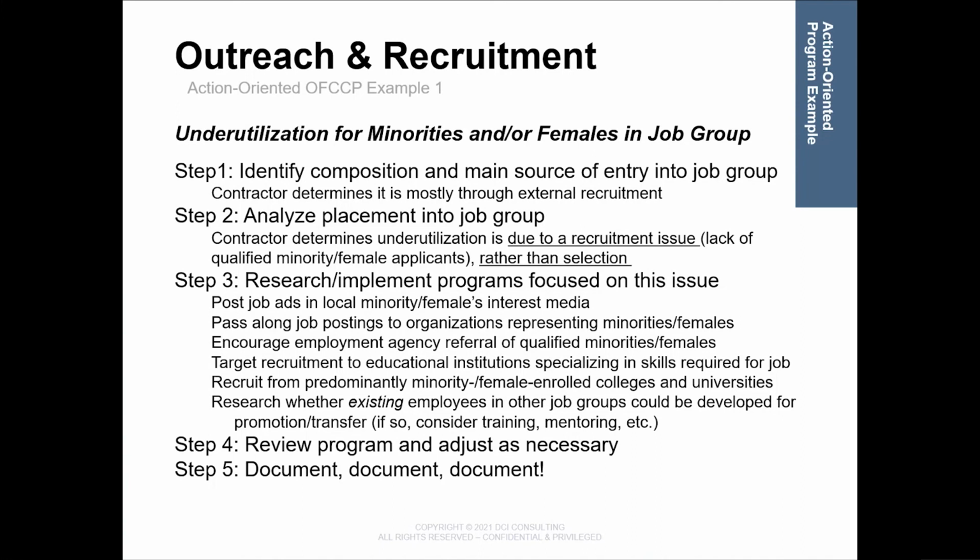To address the problem, the contractor developed and instituted specific affirmative actions to improve the recruitment of qualified minorities and females.